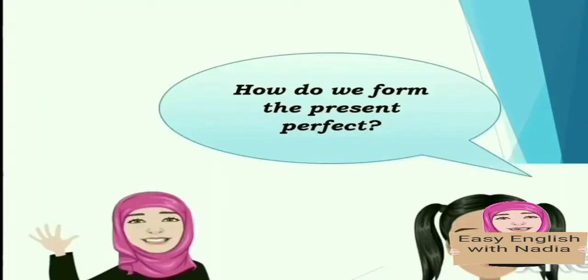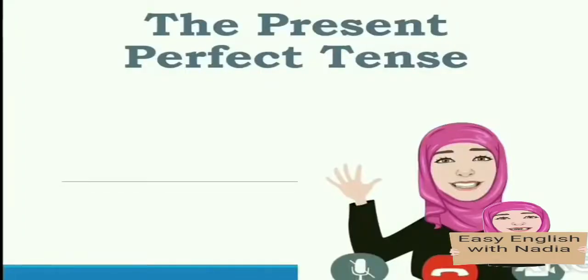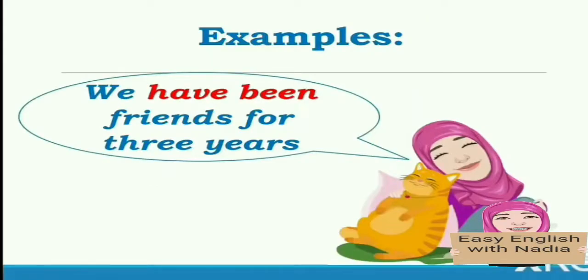How do we form the present perfect? Look at the following examples and see how we form the present perfect tense. Try to focus on the verbs written in red. We have been friends for 3 years.